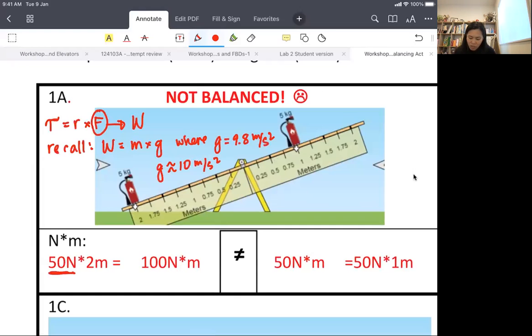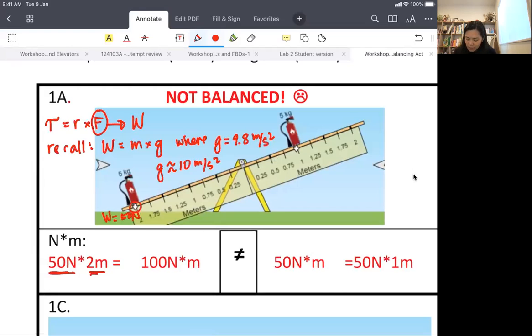So for the mass on the left, you have 50 newtons for the weight force, right? So this is the weight force, 50 newtons, times the lever arm. Lever arm is the distance between the weight force and the pivot point, which is 2 meters. That gives you 100 newton meters.